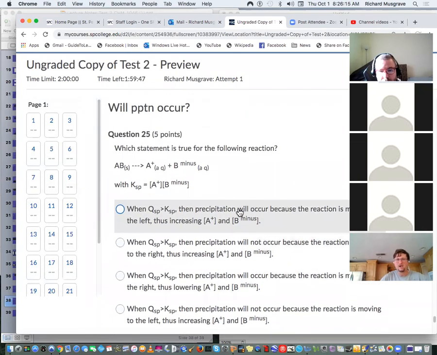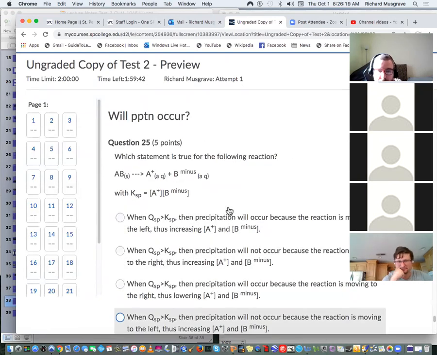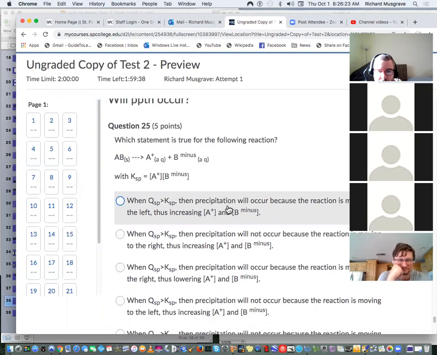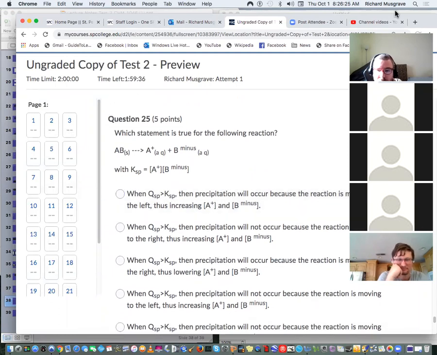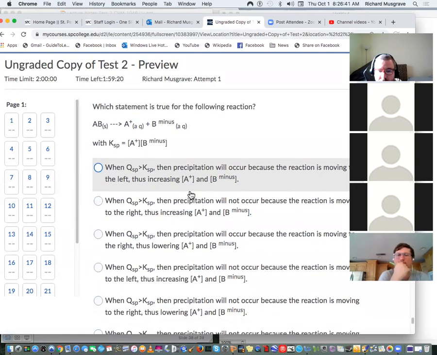Okay, so the first question, and there are just these two questions that are related to what I just talked about. And this one talks about the relationship between Q and Ksp. And I'm not going to say anything about that. I want you to figure that one out. Based on what I had talked about just now, I want you to be able to sort out exactly what that means.